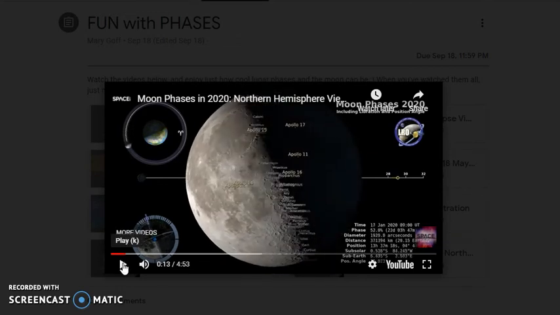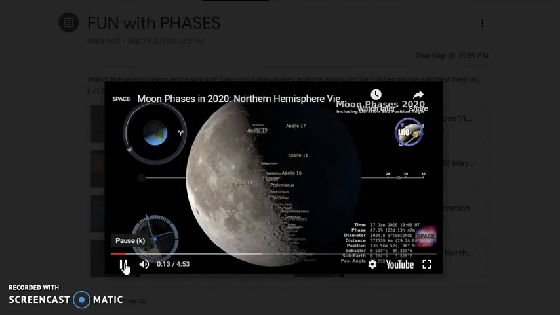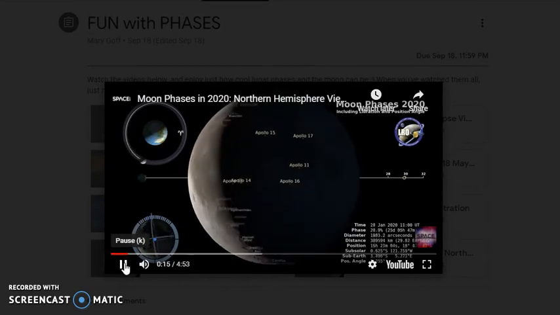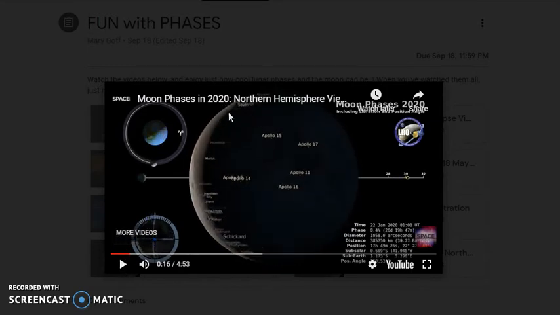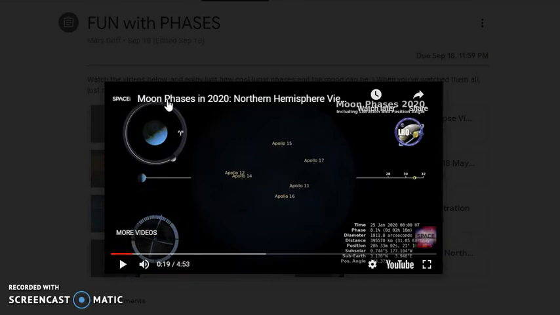And then you get back to about here, and that's last quarter because we've gone 3/4 of the way around. This would be waning crescent. So you start seeing just a little sliver, and then back to new. Okay, and it's going to continue to play and show you the moon phases for the entire year of 2020.